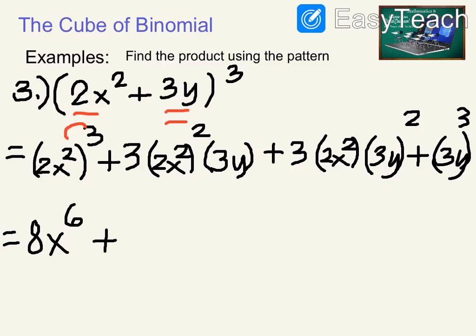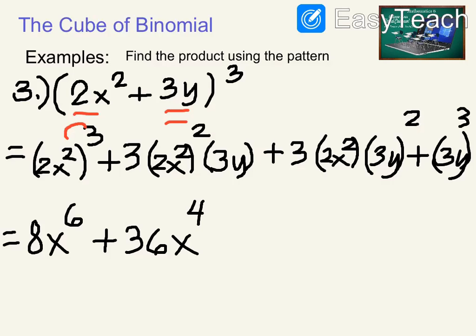Okay, next, we have here 2x squared times 2x squared, which will give us 4x to the 4th power. And then 4 times 3 is 12, and 12 times 3 is 36. So we will have 36, and then we have x to the 4th.